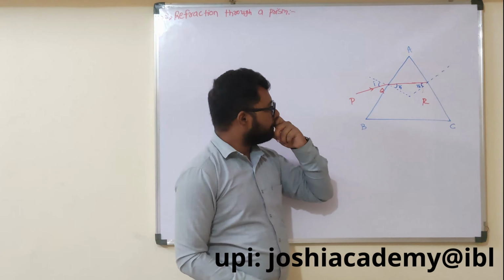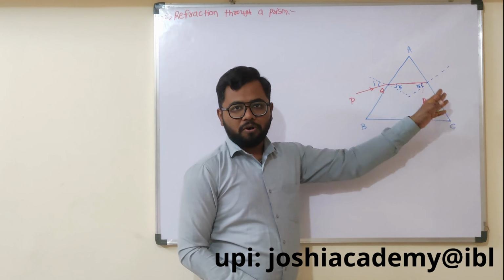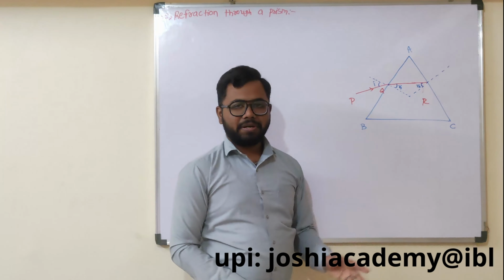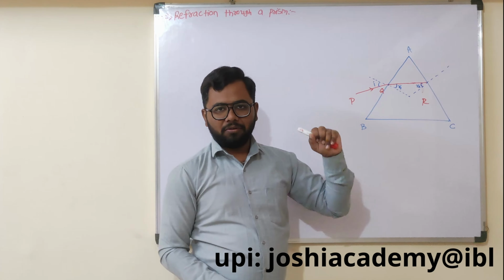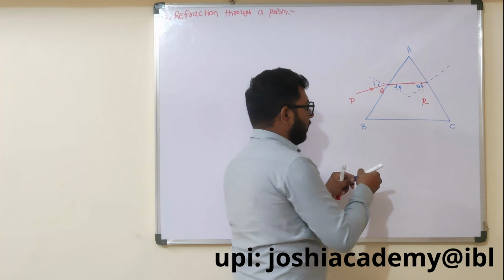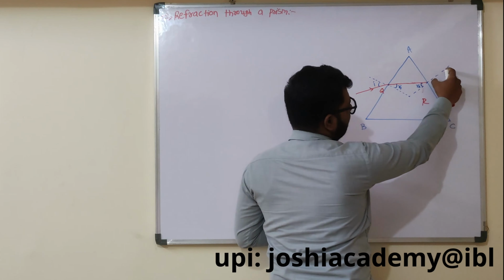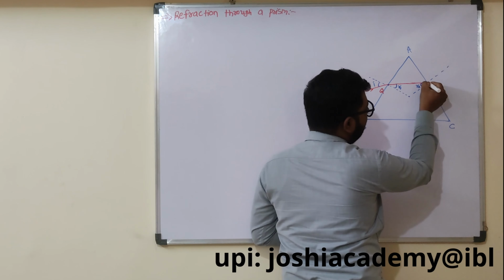Right? Now our beam travels from the optically denser medium to the optically rarer medium. So it will move away from the normal. Okay, denser to rarer, it will move away. So this is the normal, it will move away. So it will be like this.